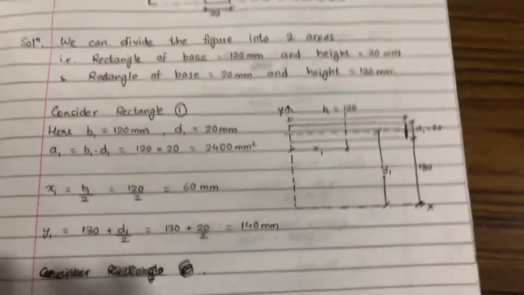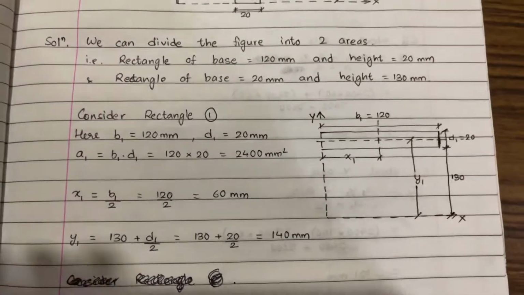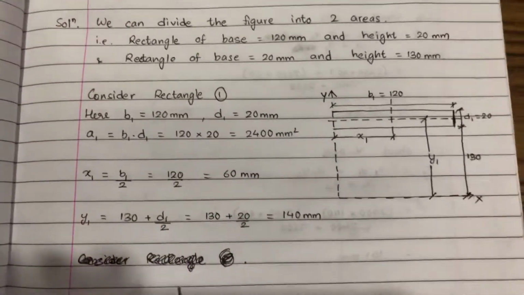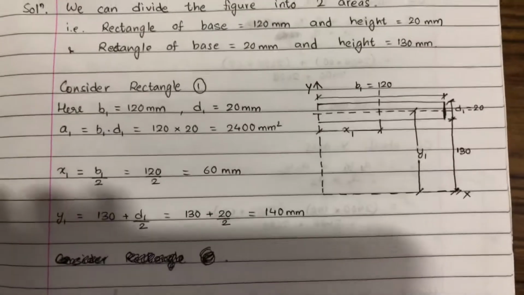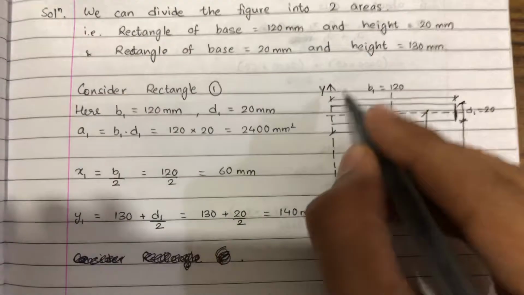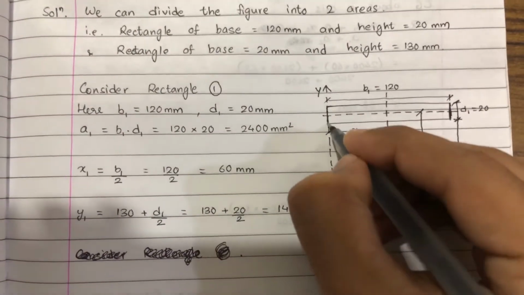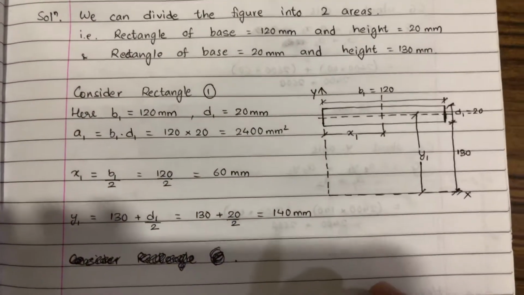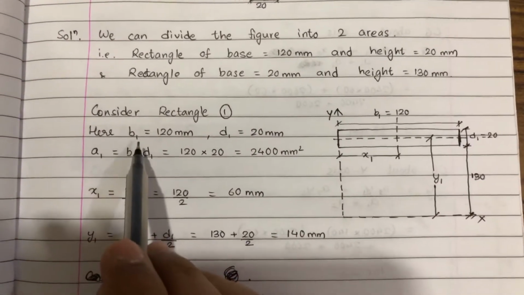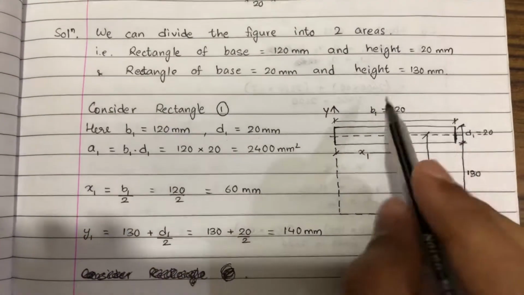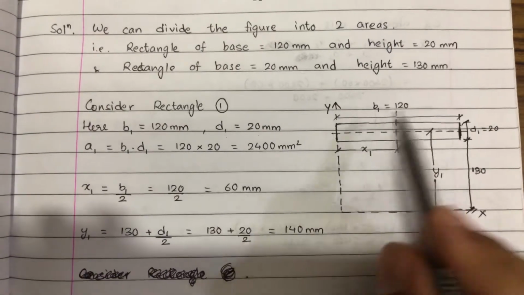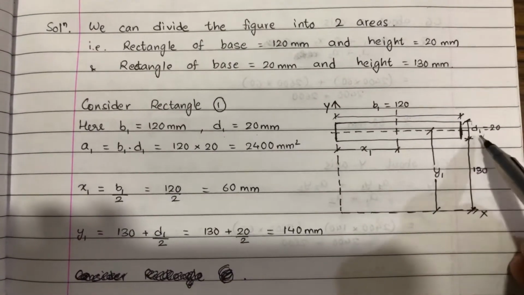Now, next step is we have to consider each rectangle. First, we will consider rectangle number 1. We won't be considering rectangle number 2. Here B1 is equal to 120 mm and D1 is equal to 20 mm. This is the base of this rectangle, 120 mm, and this is the depth, 20 mm.